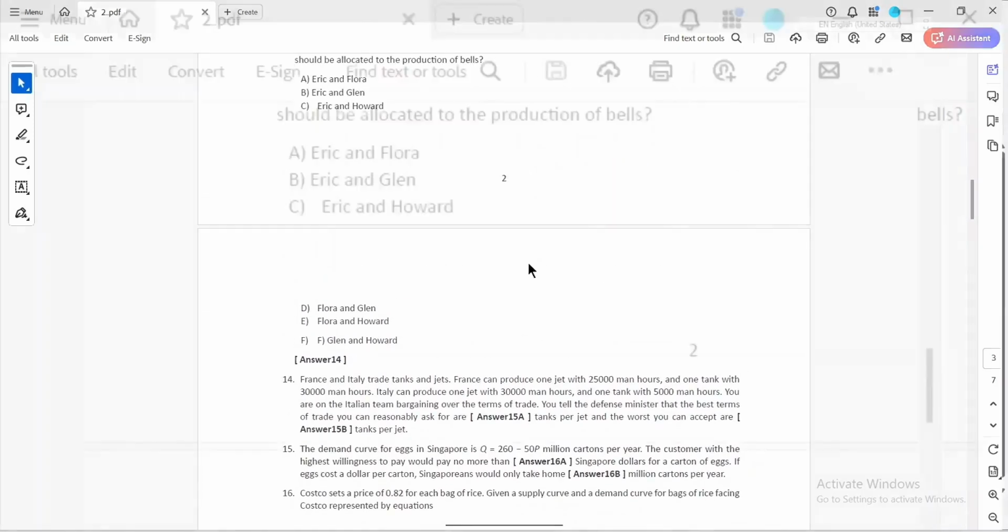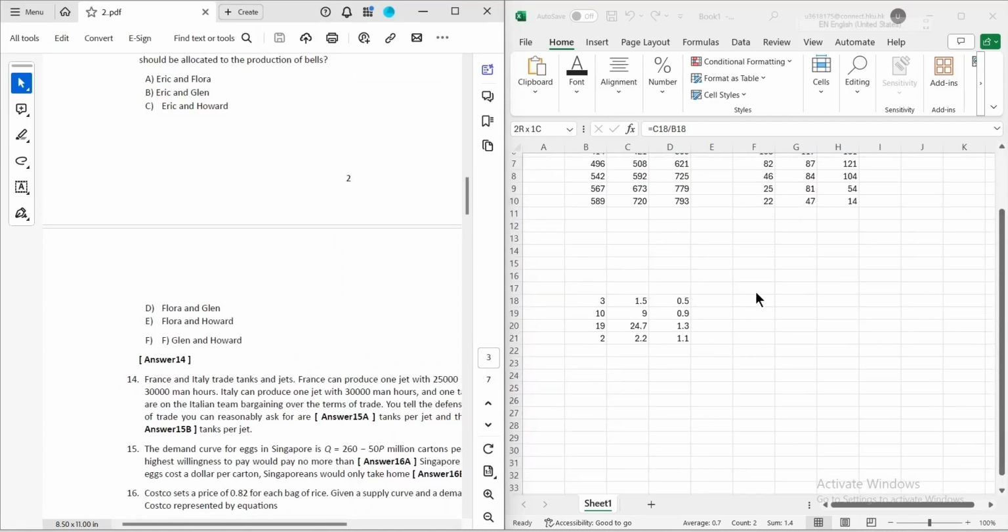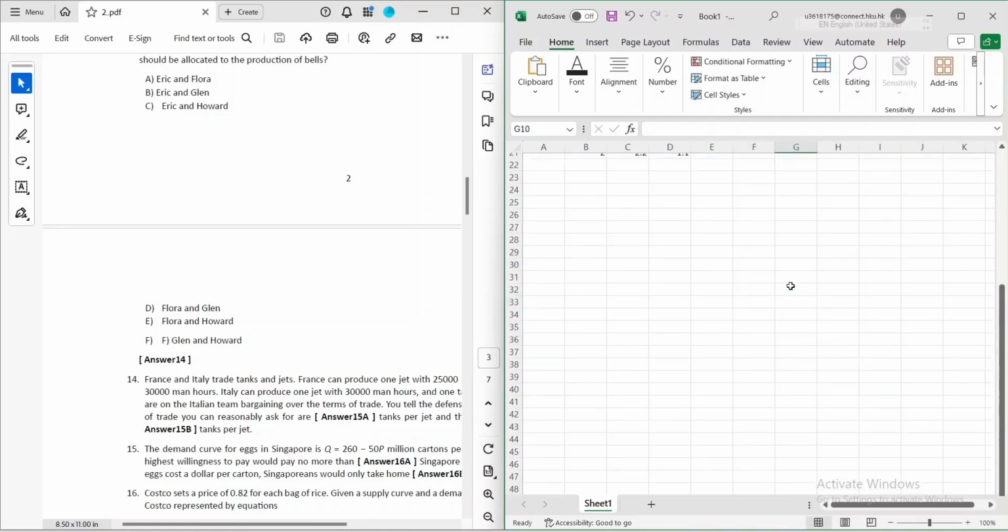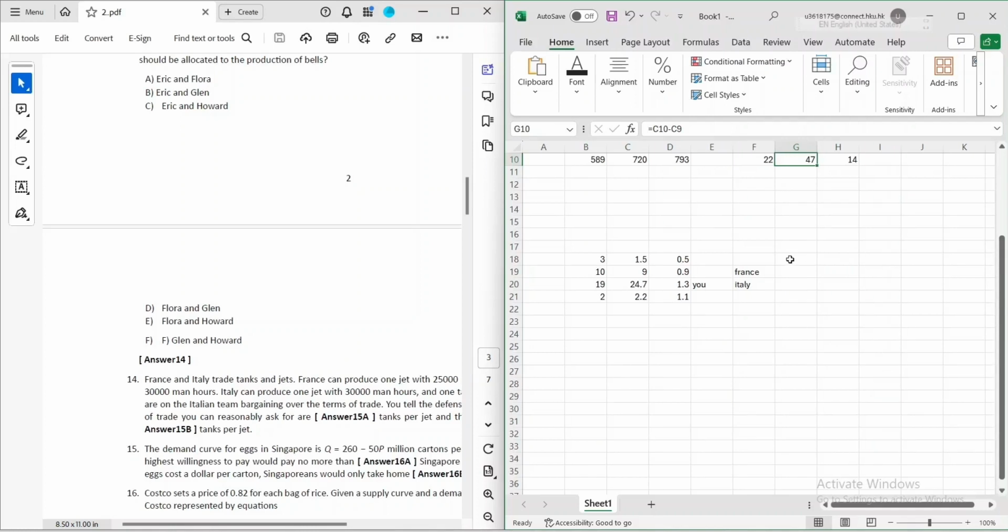So let me show you. Let's say, okay, so this is France and this is Italy, and you are in the support of Italy. Okay, here this is tank and this is jet.